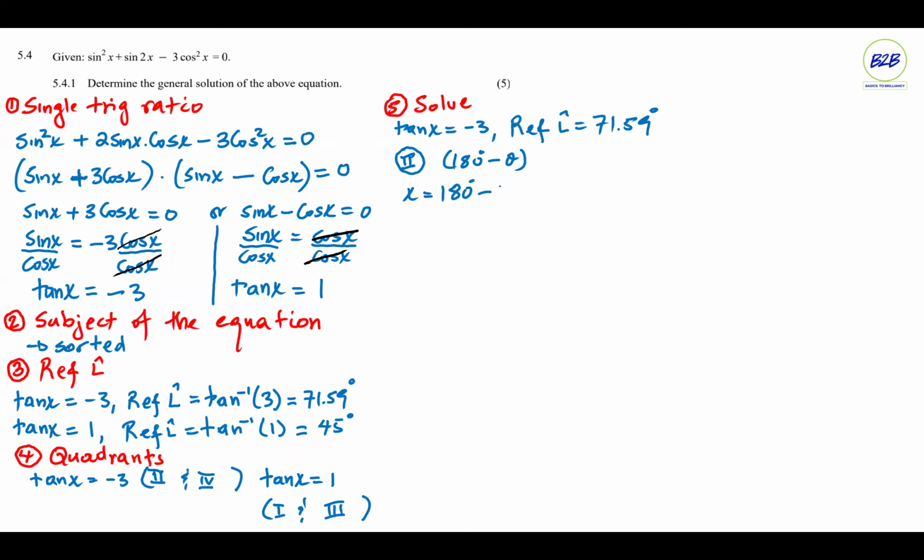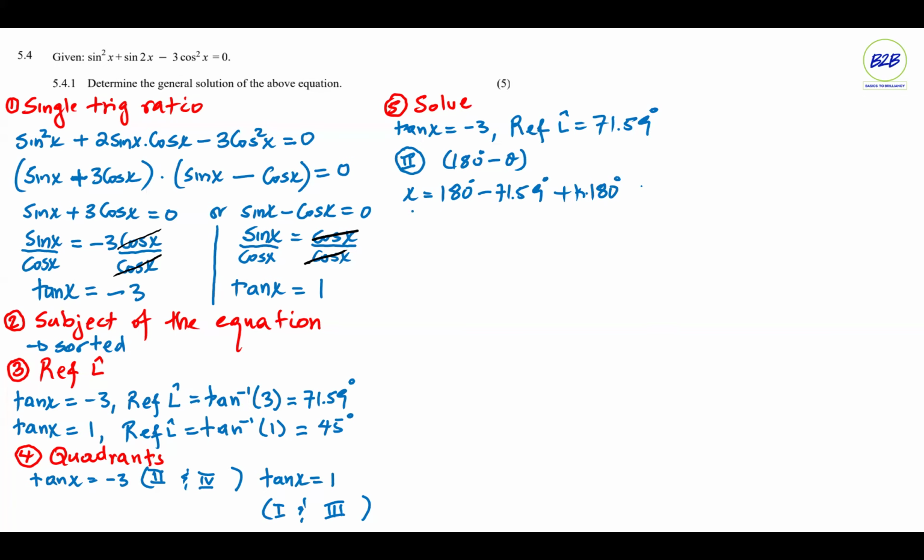What is theta? 71.59 degrees plus k times. Remember previously we were using, I think, sine if not cos, but then we add the k times 360. In this case, since we are dealing with tan, we will then say k times 180 degrees. That is tan.